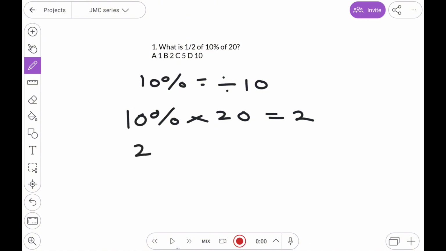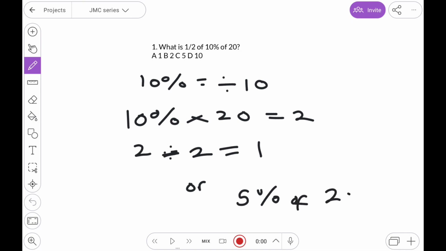So, we do 2 divided by 2 again, because we're halving it, and we get 1. That's one way to solve it. Or, you could do 1/2 of 10%, which is 5%, and find 5% of 20. In either case, you will get the same answer of 1.